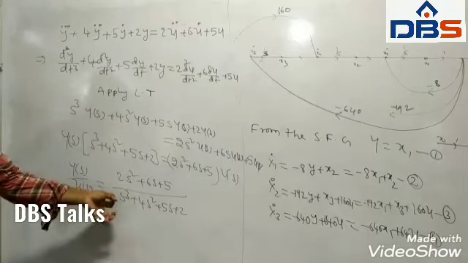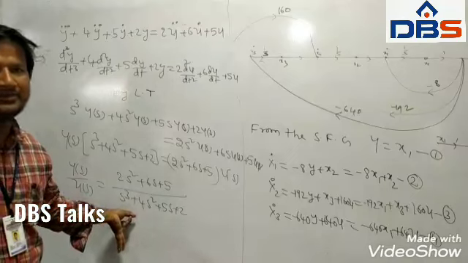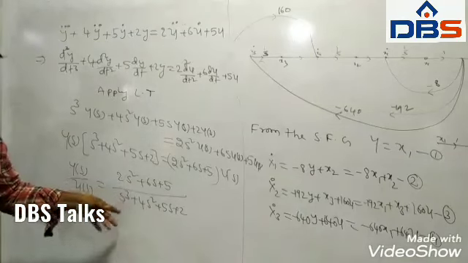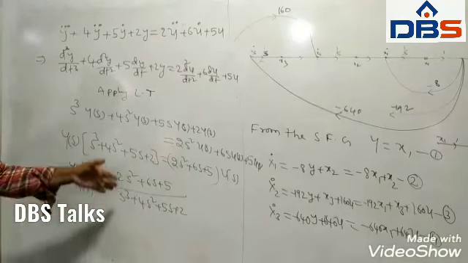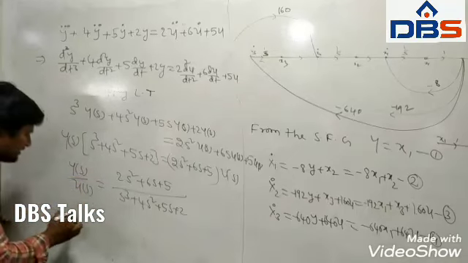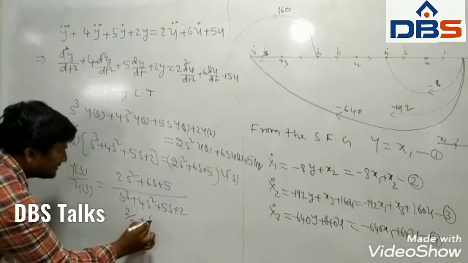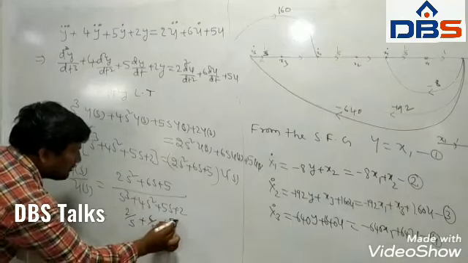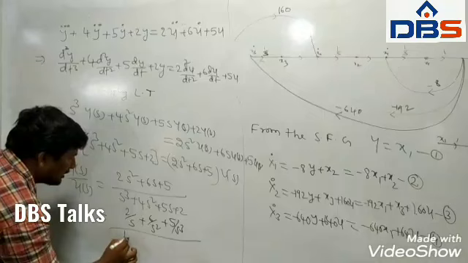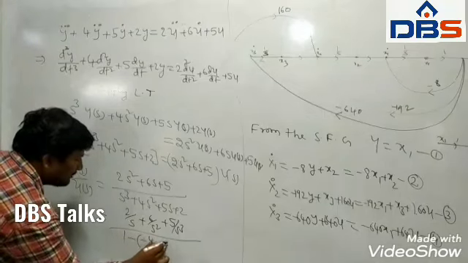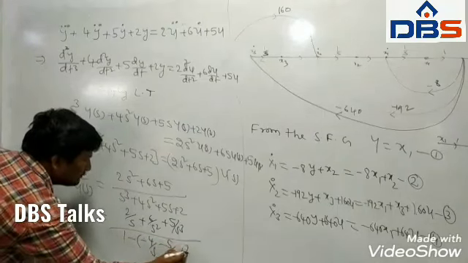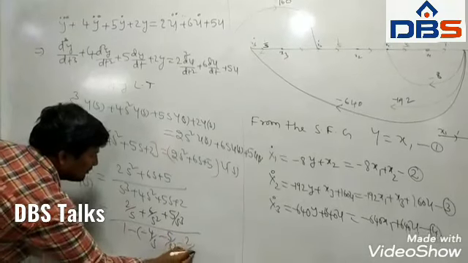In similar manner, observe the highest degree, that is s cube. So divide the numerator and denominator by s cube and rearrange that, that is, 2 by s plus 6 by s square plus 5 by s cube divided by 1 minus, minus 4 by s minus 5 by s square minus 2 by s cube.